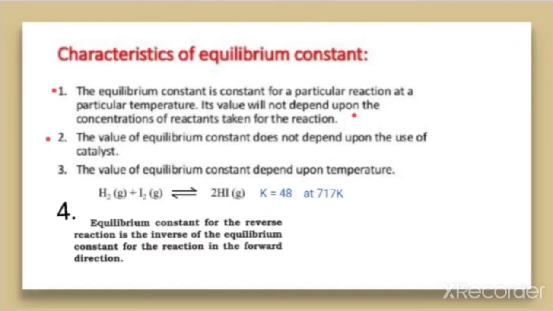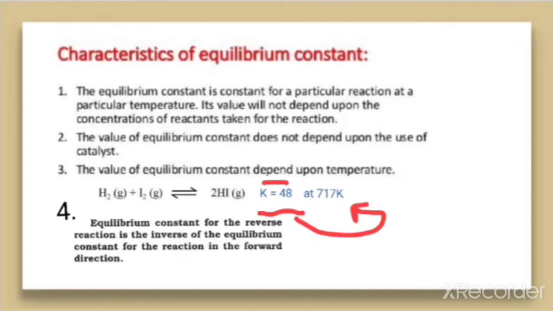Next point, the value of the equilibrium constant depends upon the temperature. For example, for this reaction H2 plus I2 giving rise to 2HI, when it is in the state of equilibrium, the value of Kc is 48 at 717 Kelvin. So that means this value is constant for a particular temperature. When we change the temperature, the value of K will also change.